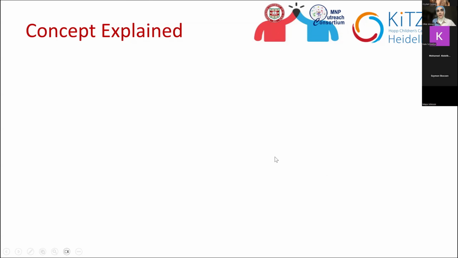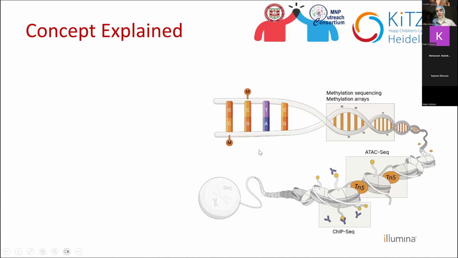So let's start with the concept of DNA methylation. Methylation is basically the addition of a methyl group to the cytosine base of the DNA. As you know, the DNA strand is composed of 4 different bases, adenine, cytosine, guanine, and thymine, together with the backbone of ribose sugar and phosphate group.